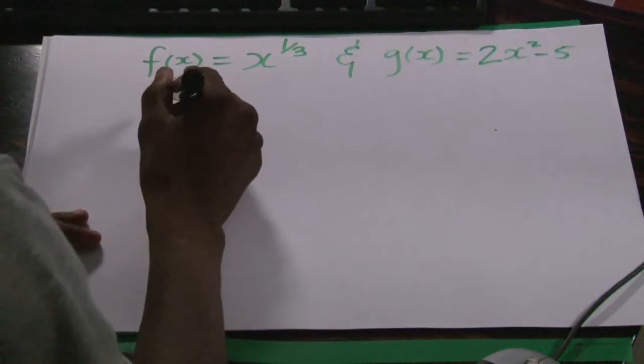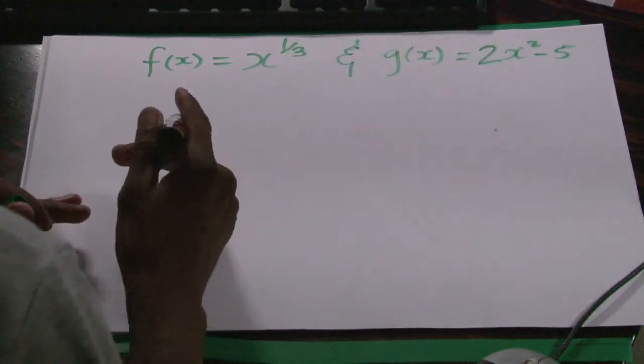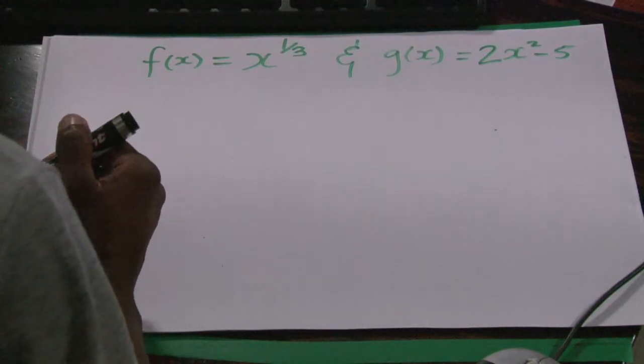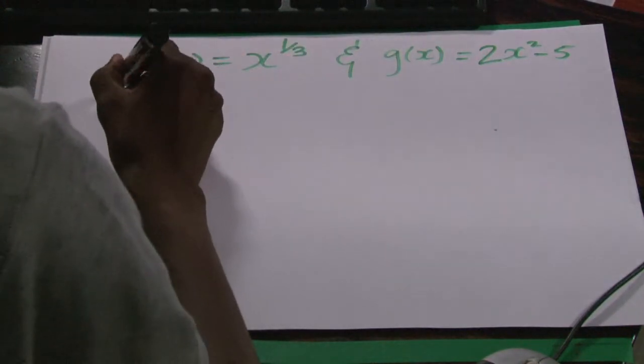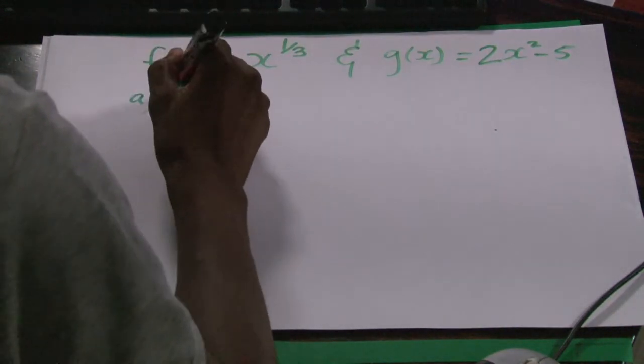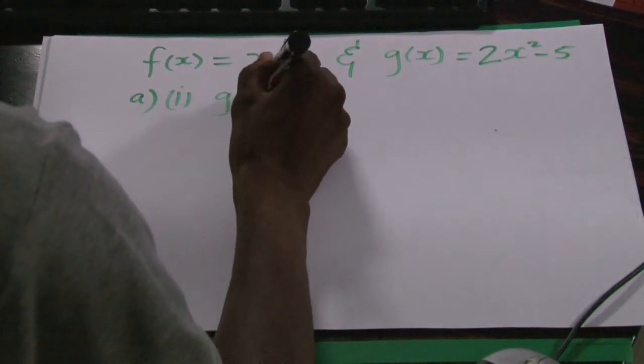So they will tell you, given that this is equal to that and that is equal to that, for all values of x, we want to find a, Roman 1, we want to find g of 4.